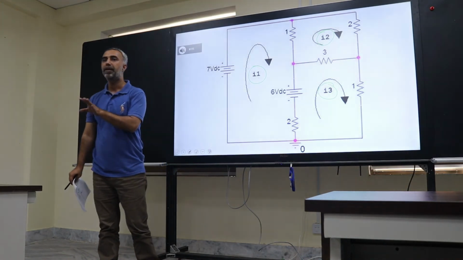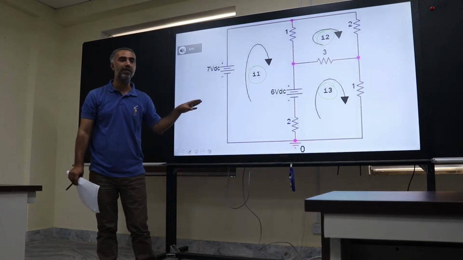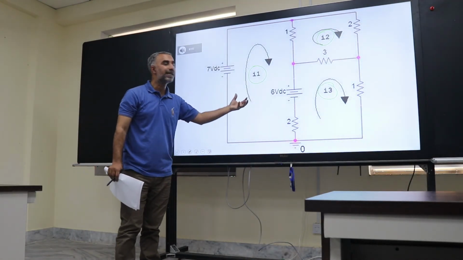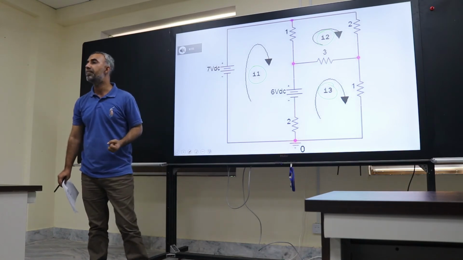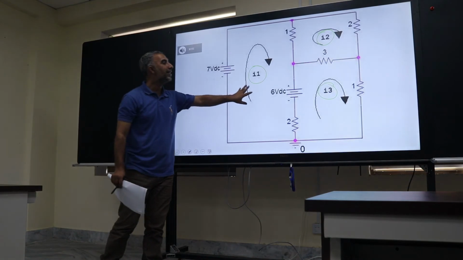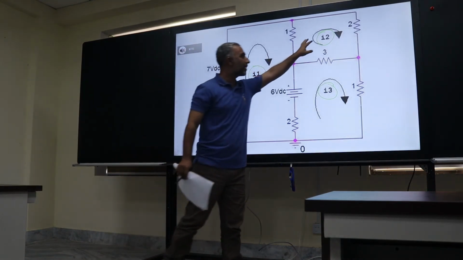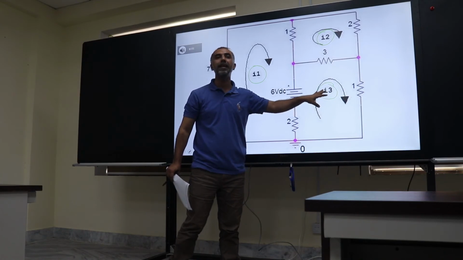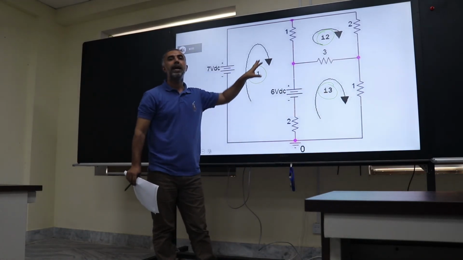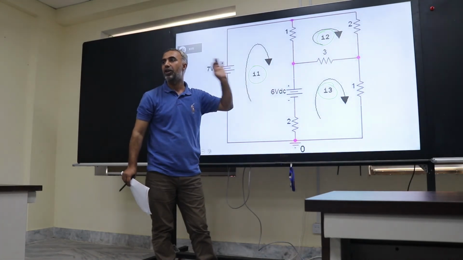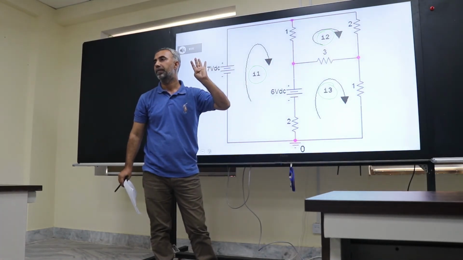So we can compose in a single matrix. And how many equations can we develop? Three. Why? Because there are three different loops, or you can say three different circuits. In three different circuits, you can compose three different equations.